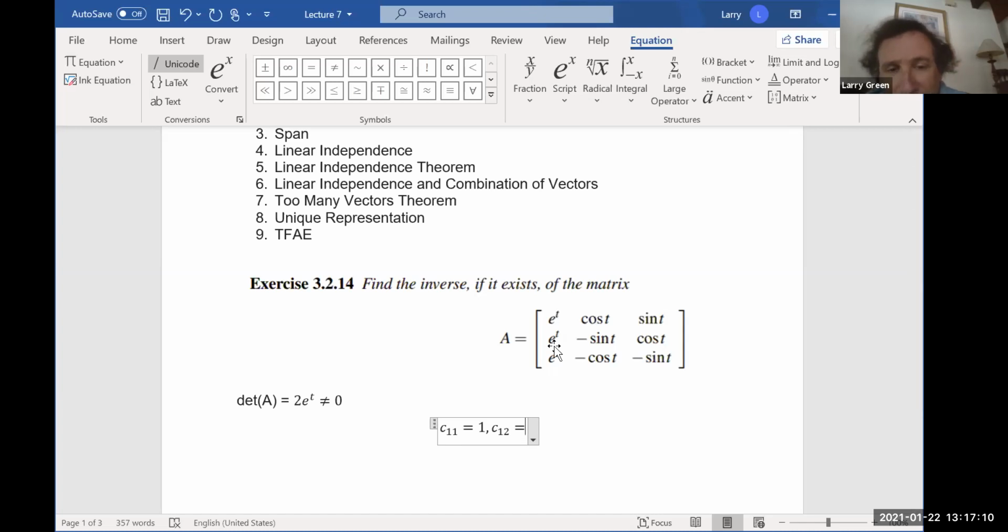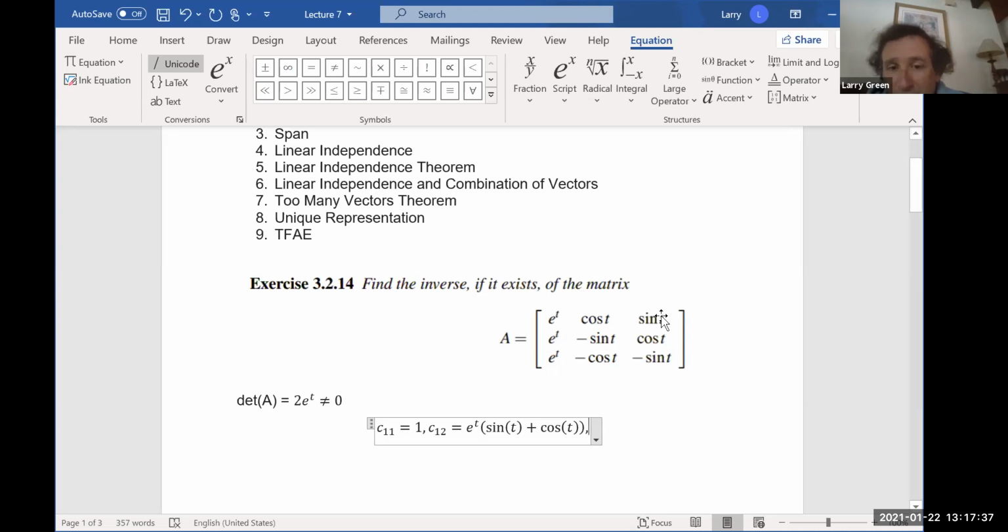And I get e to the t times parentheses sine t plus cosine t. Anyone lost on that? Okay, now we do the next one.